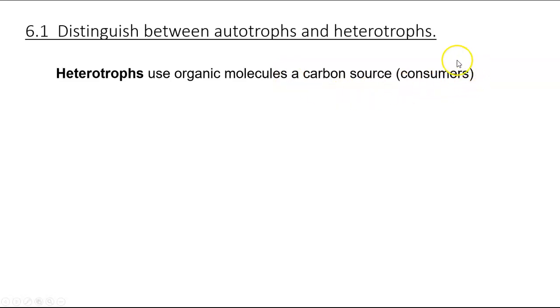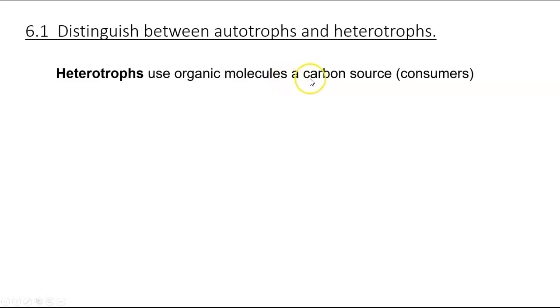These are the organisms that, when we look in ecology at food webs, consume other organisms. You can imagine that humans are heterotrophs. There's plenty of bacteria that are heterotrophs, and lots of animals, and living organisms in all different categories are heterotrophs.